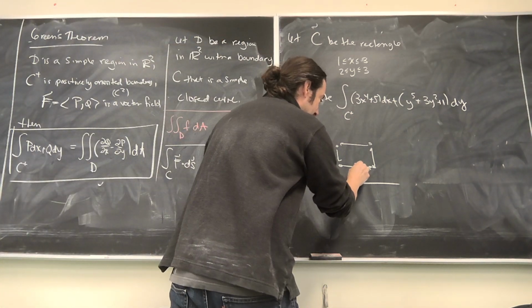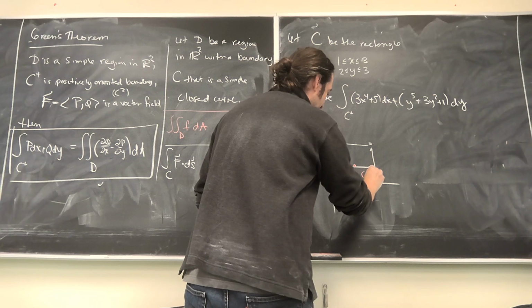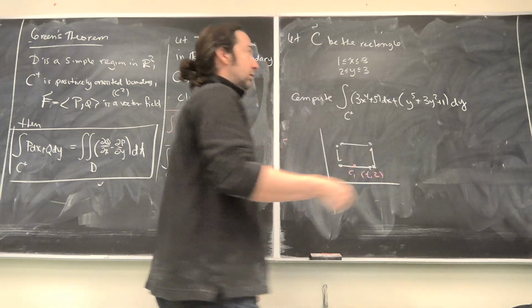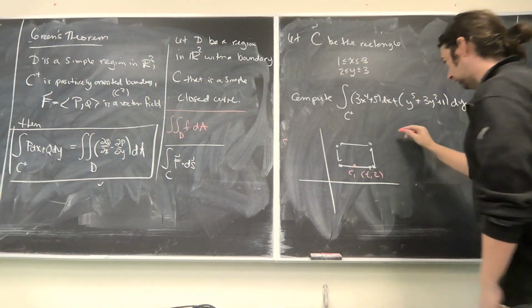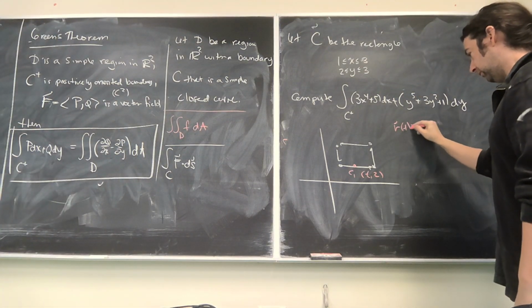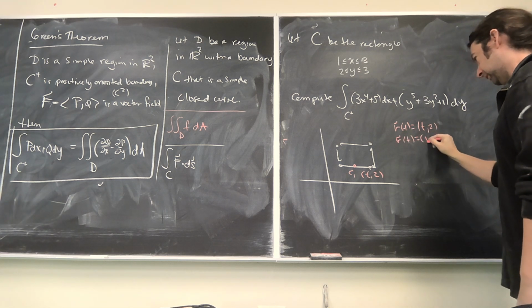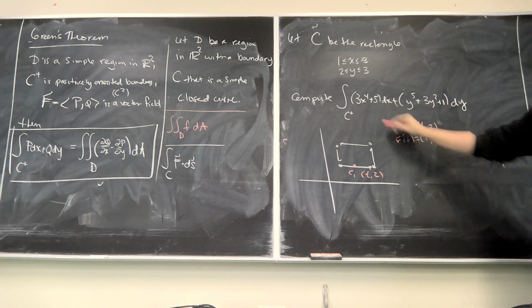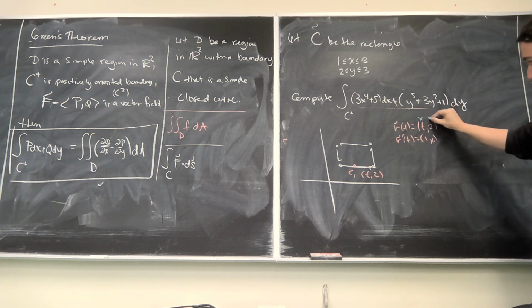So just on this first part, C1 right here, I have all points of the form (t, 2), where t goes from 1 to 3, and so I would have to do, okay, so r(t) would be equal to (t, 2), and so r'(t) is (1, 0), and then I have to take this integral and put, okay, well, these are the x's and these are the y's.